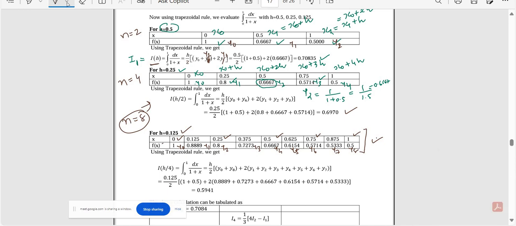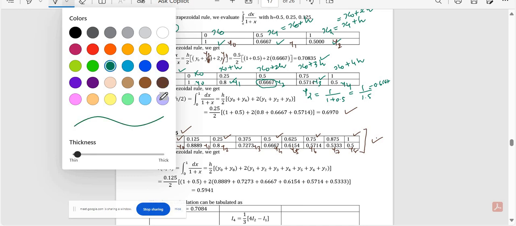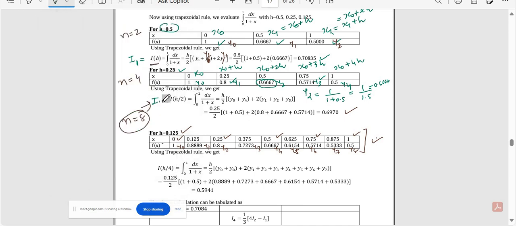So we can say this is your I2, and now this is your I3. You can see that if I go for n equal to 16, then my table will be more complicated. Yes or no?